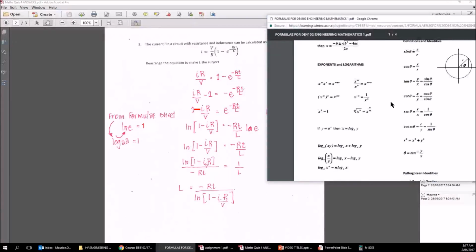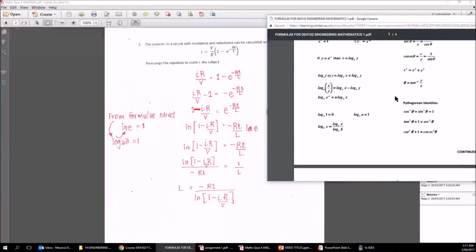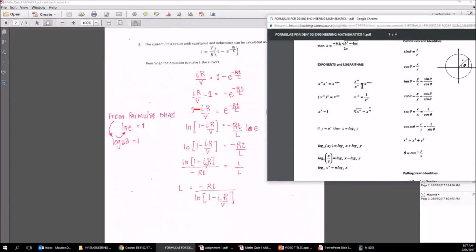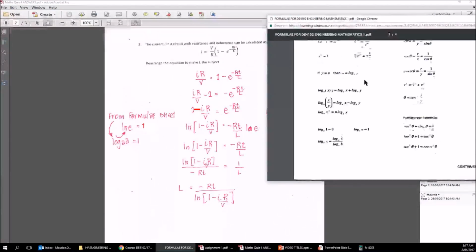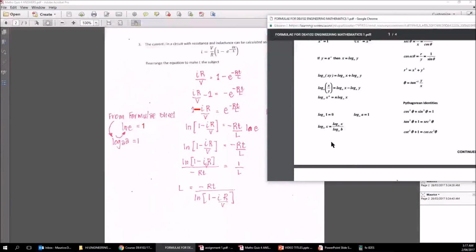We've got the exponents and logarithms, and here's the little log pattern that I told you about earlier. Now, where did I get the one for changing of the base? Oh, here it is, the base change. So that was the little question in the earlier question. And some are relevant to this one here.